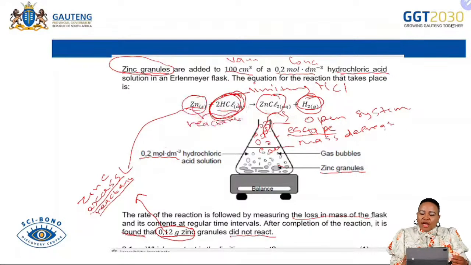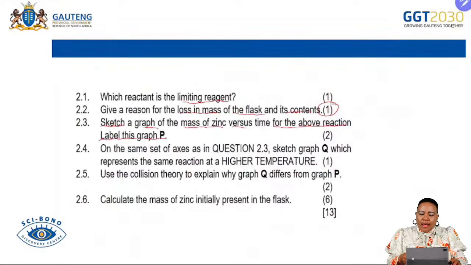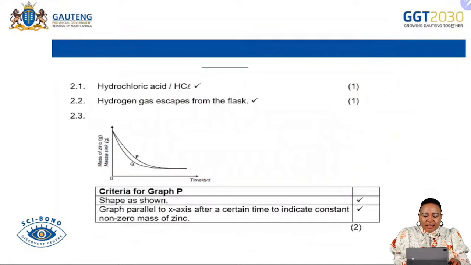So as we are going to draw the graph of mass of zinc in grams, of course, versus time, we expect the mass of zinc to decrease. And there is no way that our graph, which we are going to name P, can touch the 0 point, because there is an excess reactant that is remaining.